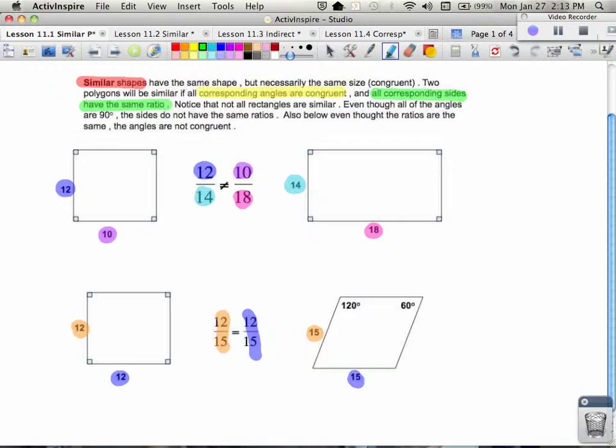However, when I look at the angles, 90 degrees and 120 are not congruent, therefore the corresponding angles are not congruent, and these are not similar figures. So these are two non-examples of similar figures.